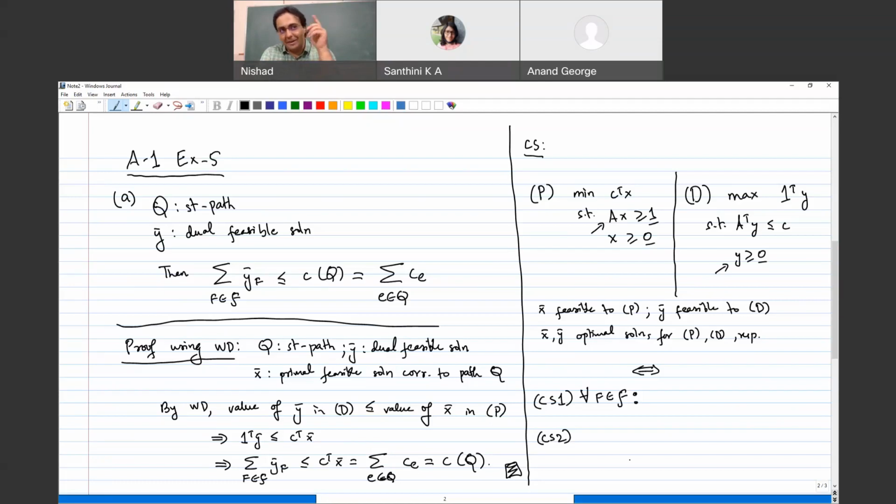Yeah, we'll come to that. But first, I just want to write down a very direct interpretation. We will come to the combinatorial interpretation; right now, notice that we just have an X bar and Y bar. We don't have a path. We will apply it to a path later.